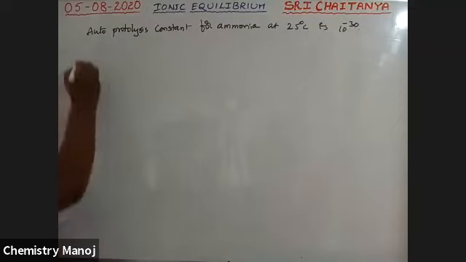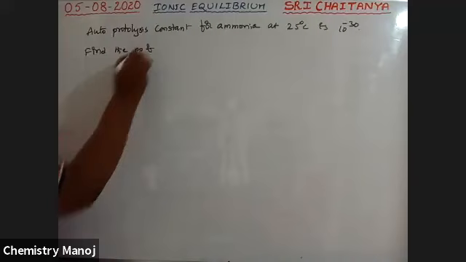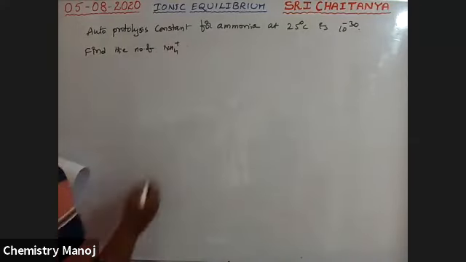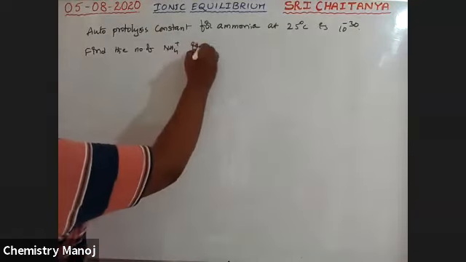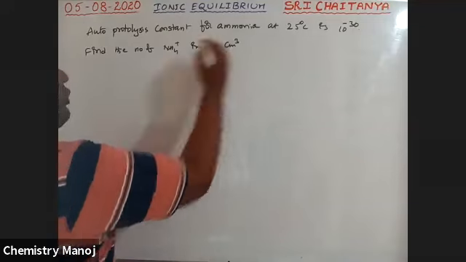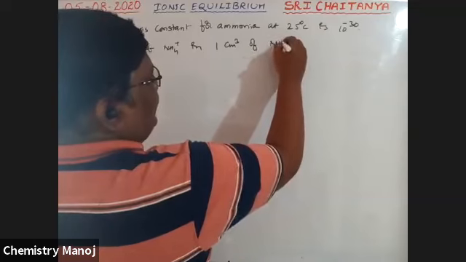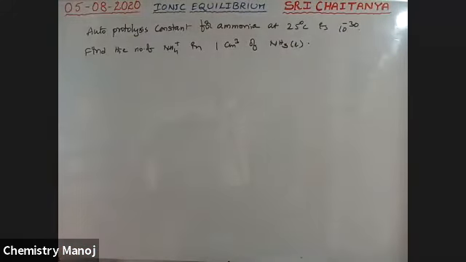Find the number of NH4 plus ions in 1 centimeter cube of liquid ammonia. It is a question. So how to find it out?